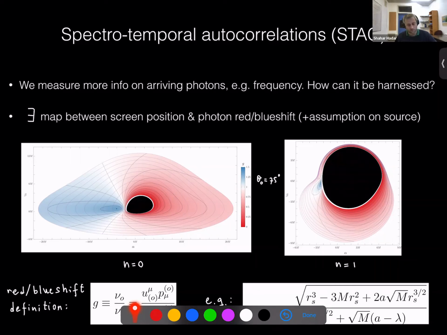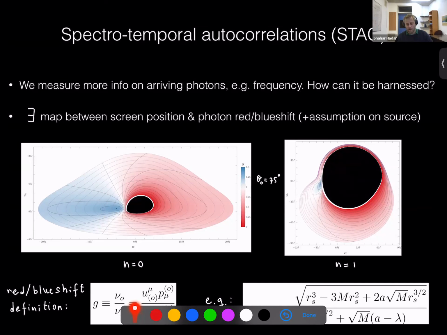So there's a natural question: how can we harness this extra information about the photons? Can we use it in any useful way? These pictures are here to show you that there's a relation between the point where these photons arrive on the screen and the redshift or blue shift at which they arrive.